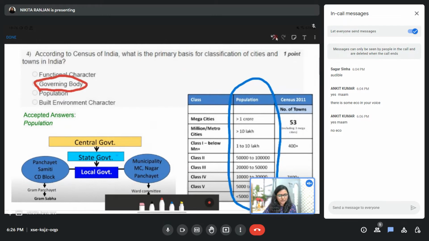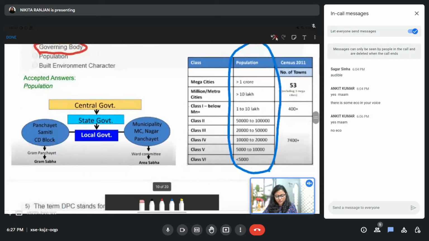Different cities or towns have different governing bodies. For example, you have municipality for cities, municipal corporations for larger cities, you have nagar panchayats for transitional area cities or urban areas which are transitioning from rural to urban. You have ward committee, you have area sabha.